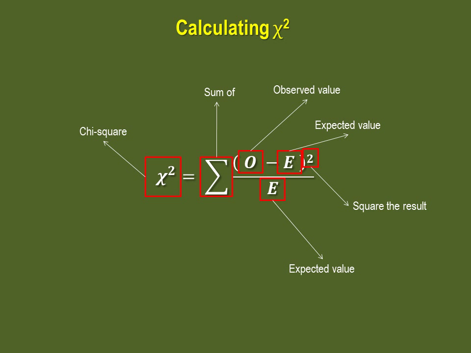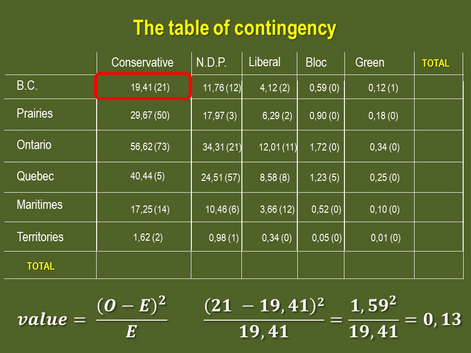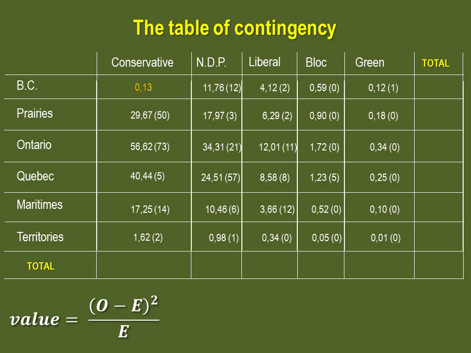Let's do an example. Now here's the table of expected values, and I have put the observed values in parentheses. The value for the first cell would be 21 minus 19.41, all of that squared, divided by 19.41. So our value for that first cell would be 0.13.